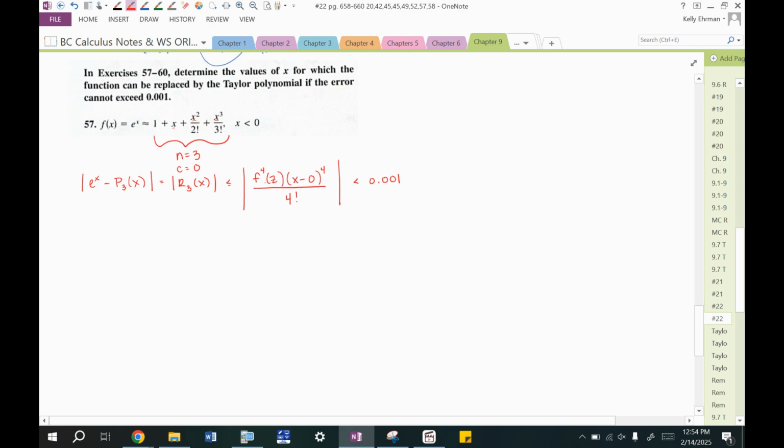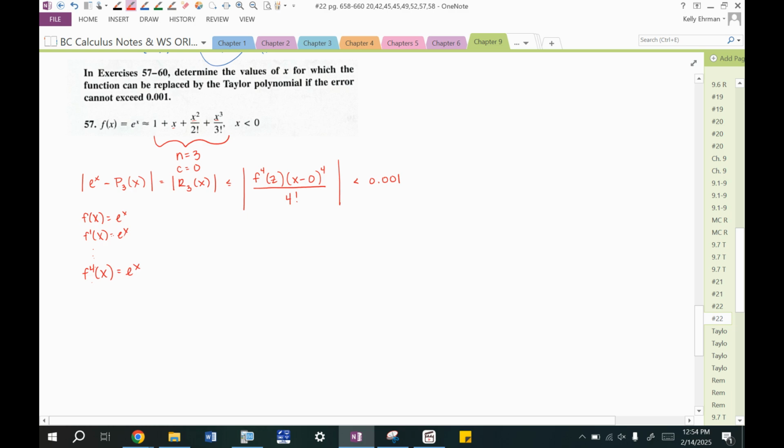We still need to think about a formula for what is that fourth derivative. So now we can also just find the fourth derivative, but f of x is e to the x. So remember, f prime will just be e to the x, and so will all the derivatives. So the fourth derivative of x will be e to the x.